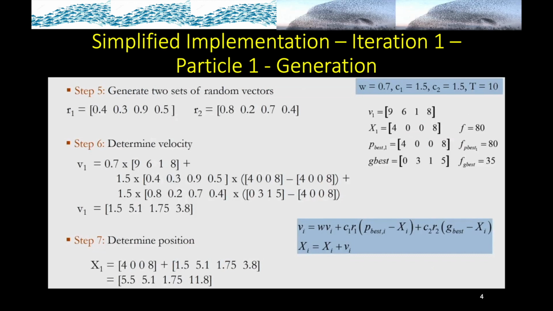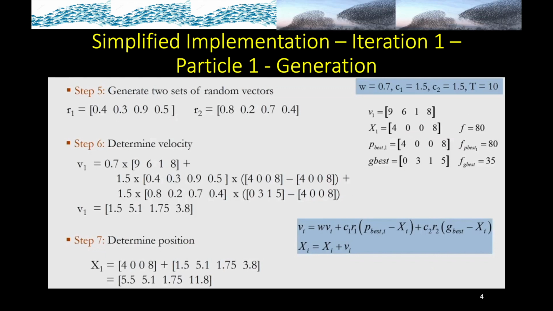We know the value of xi, which is the original position 4008. We have generated a random velocity vector of 9618. We also know the personal best and the global best, 4008 and 0315. We fill in these values into the equation, and this gives us the new velocity vector for particle 1 as 1.5, 5.1, 1.75 and 3.8.